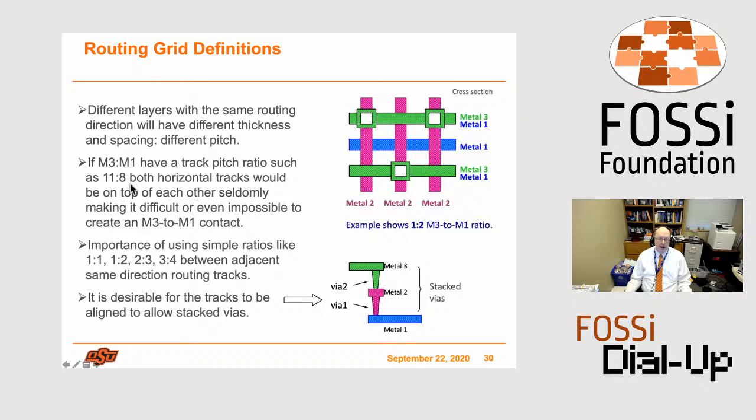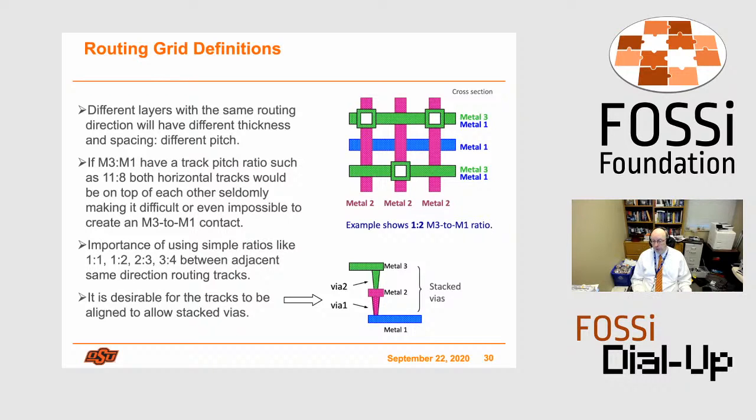So for example, a metal 3 to metal 1 might have 11 to 8 for both horizontal tracks, but would be on top of each other very seldomly because it's an odd ratio. So we want to try to create simple ratios for all our grids in our 12-track, 18-track system. And we try to use ratios like 1 to 1 and 1 to 2, 2 to 3, and 3 to 4 between adjacent types of layers or route layers so that they can connect together nicely.